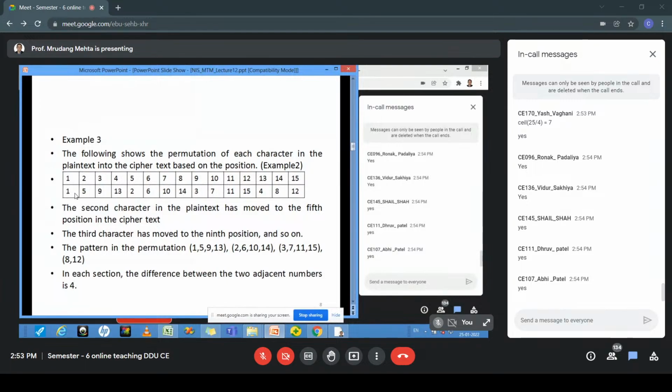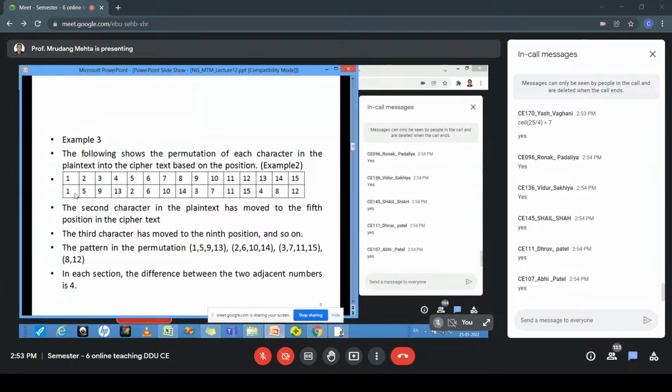Okay. So the pattern in this permutation is 1, 5, 9, 13, 2, 6, 10, 14, 3, 7, 11, 15, and 4, 8, 12. In each section, the difference between two adjacent numbers is 4.